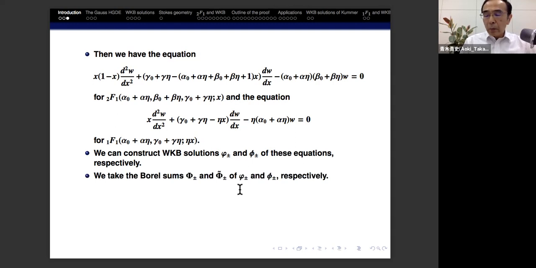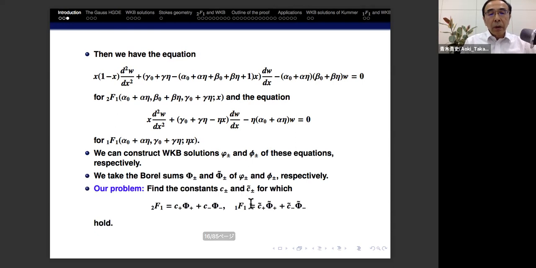And our problem is to find the constants C plus minus and C plus minus tilde for which this relation holds. So this is very naive and in a sense an elementary question. So this is what I would like to show you.